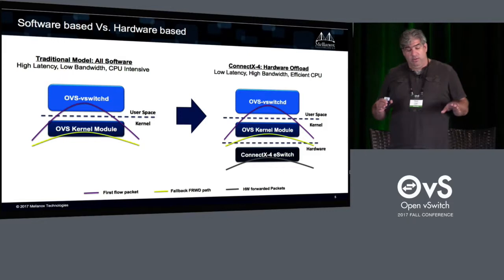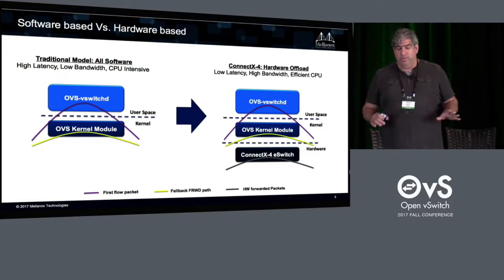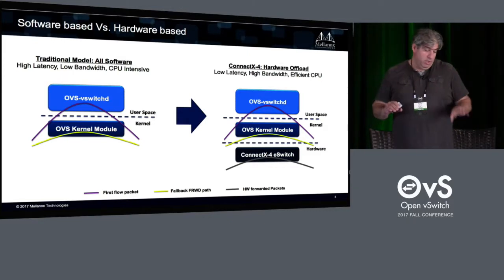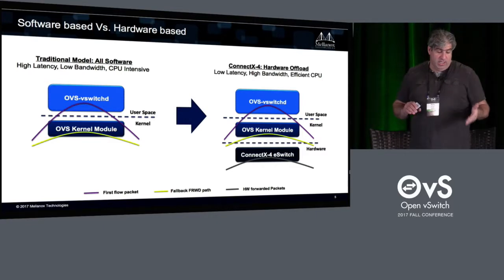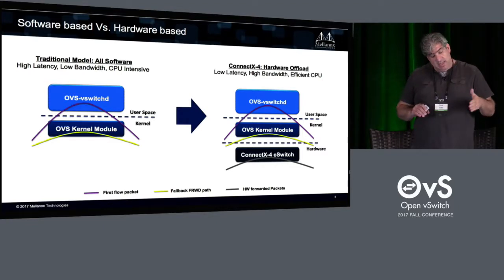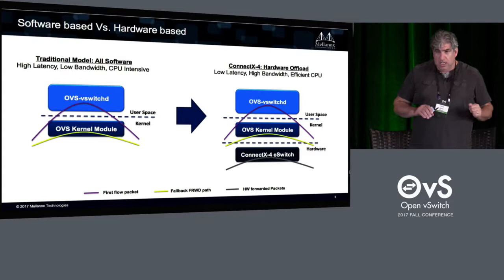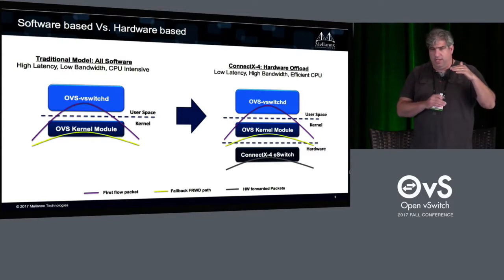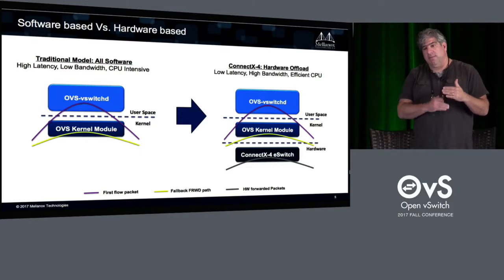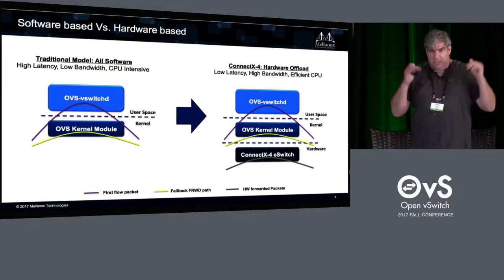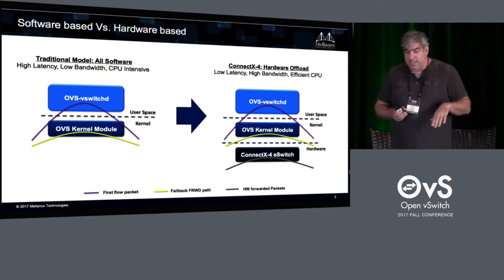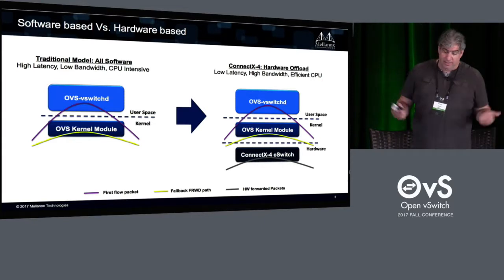What we're trying to do is run the same OVS as before, with the vSwitchd in the user space and the OVS data path in the kernel. But as the OVS is working, the data path is moving faster, doing the same logic action as the user space, and we're adding another layer, a hardware layer.